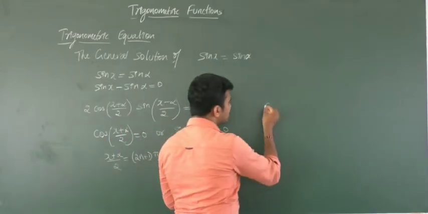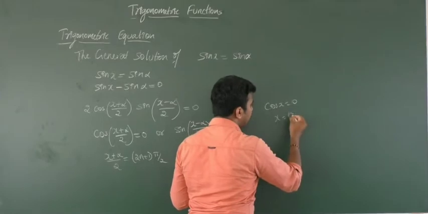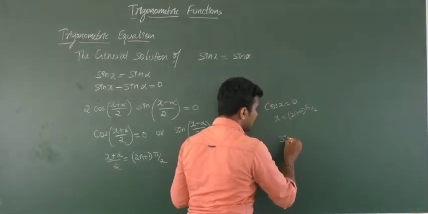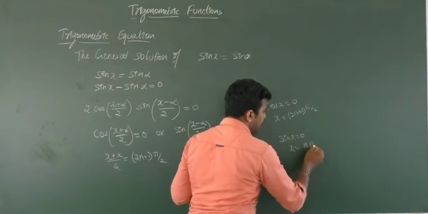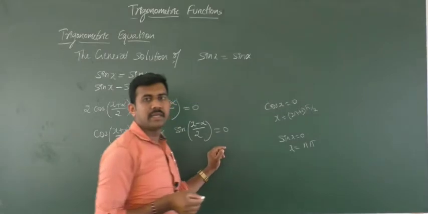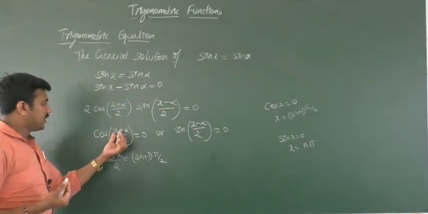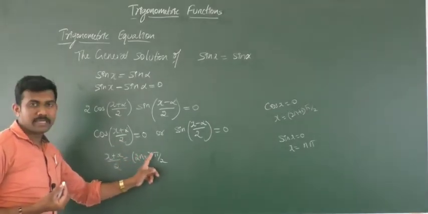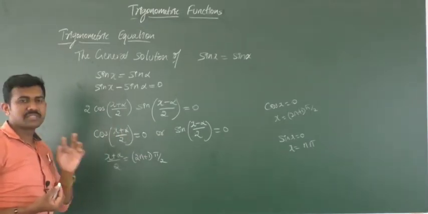When cos x is equal to 0 we will get, if x is equal to an odd integral multiple of pi by 2. When sin x is equal to 0 we will get, if x is equal to an integral multiple of pi. Same here also, if (x plus alpha) by 2 is an odd integral multiple of pi by 2, then clearly cos of (x plus alpha) by 2 is equal to 0 we will get.